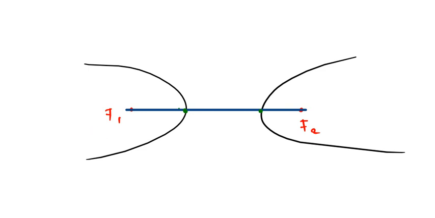When it joins the two points, it also cuts the hyperbola at its two vertices. That's one thing you can note. Now the midpoint of the transverse axis, which can also be called the focal axis, is known as the center of the hyperbola. That's very important as well.